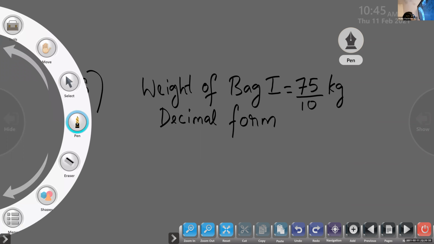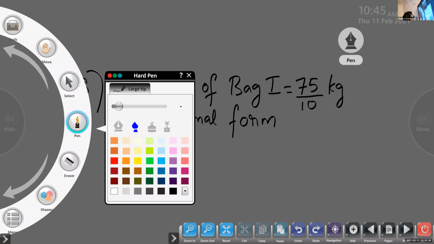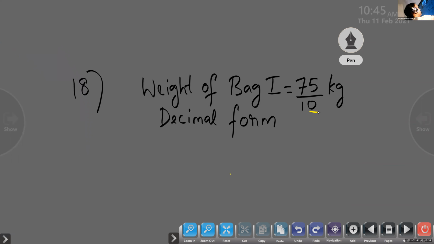Stop writing and listen. Look here, how many 0s? 1 zero. So I will write the same numerator, and looking at the number of 0s, only 1, from the right side I will move only 1 digit and put the decimal point. Is that clear?